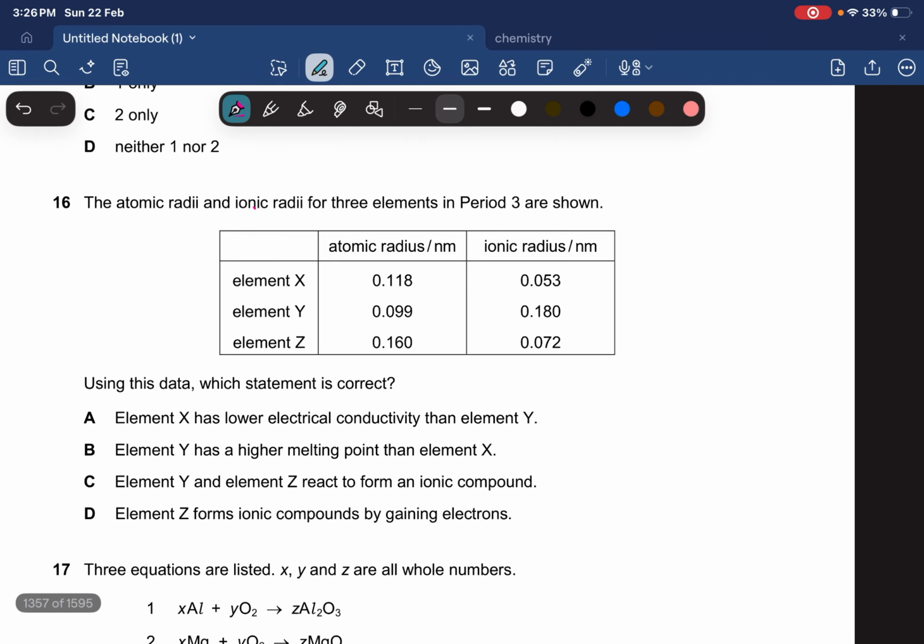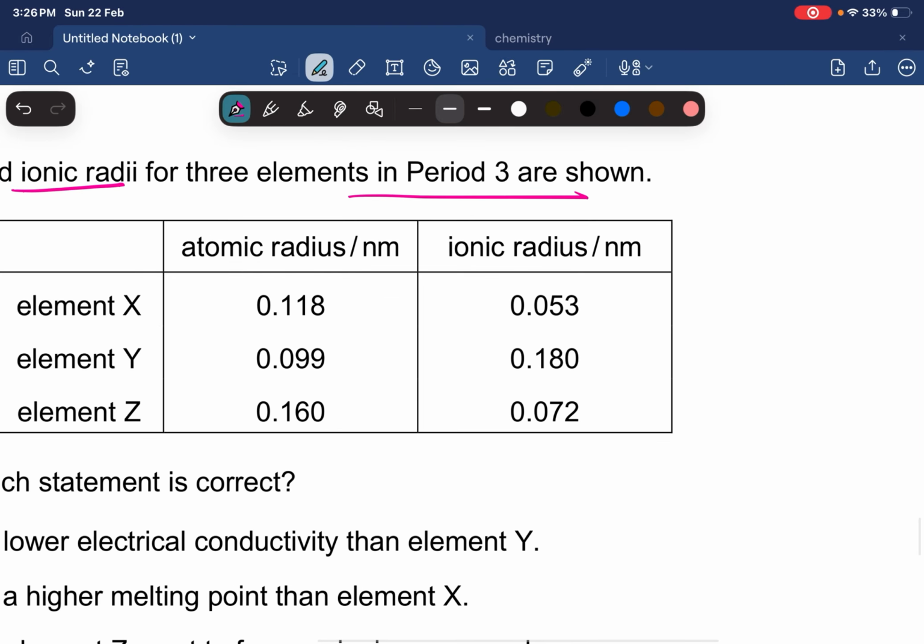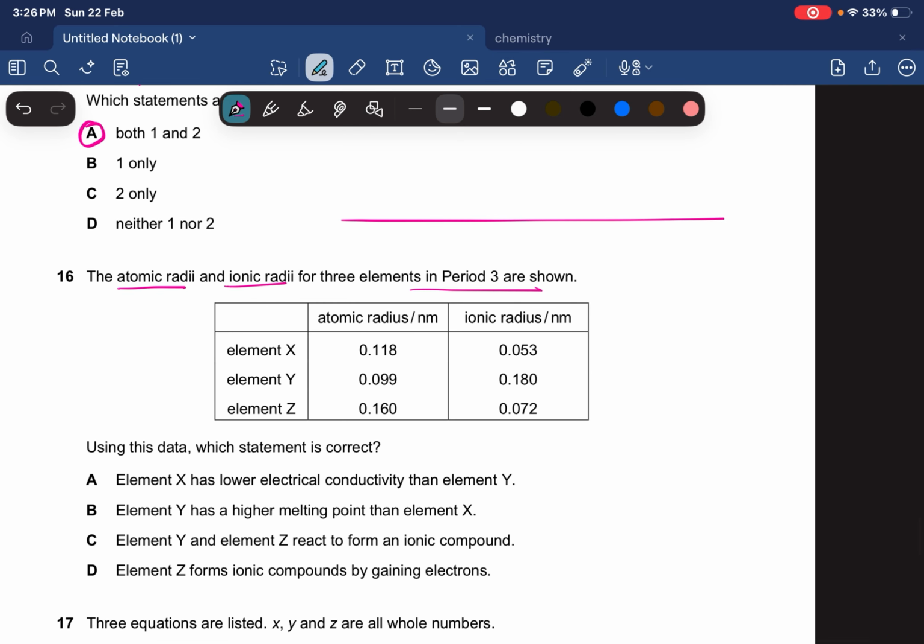The atomic radii and the ionic radii for 3 elements in period 3 are shown. We know that across the period, your atomic radii decreases, because the nuclear charge is increasing, the shielding remains constant, and all that stuff.